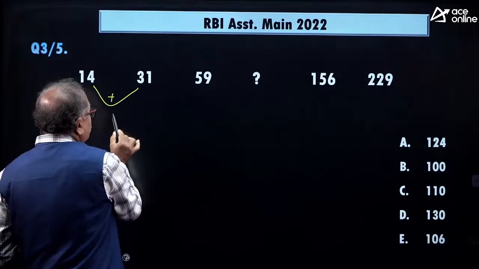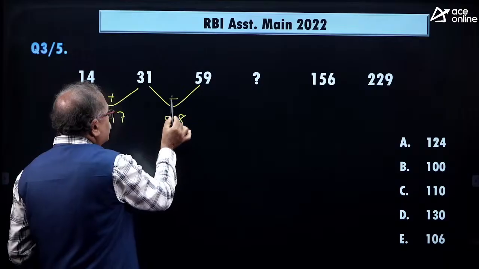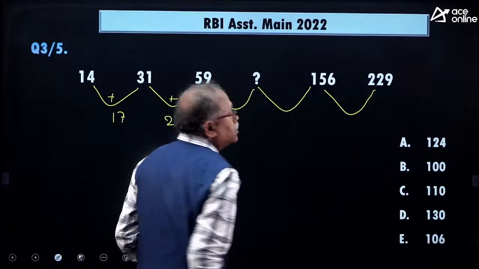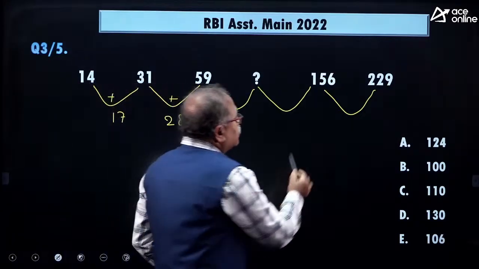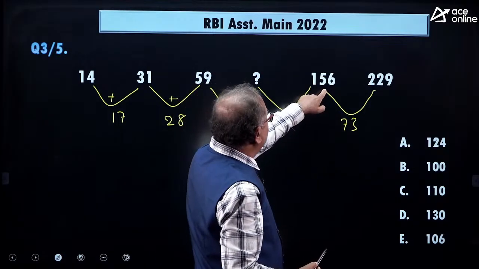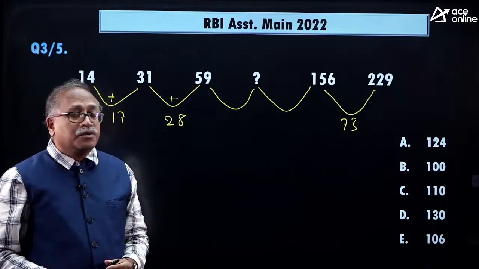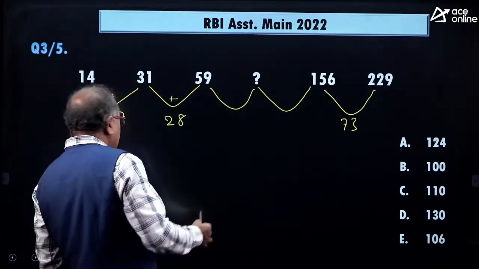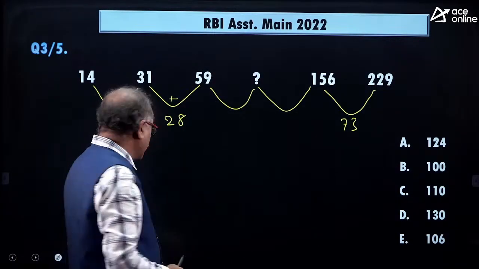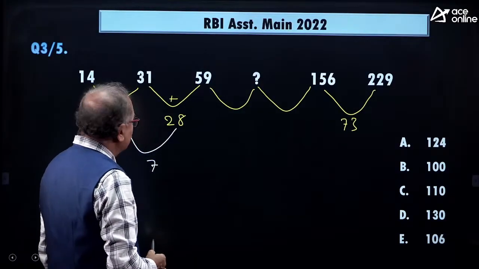I can see that this is plus 17 over here, and from here to here this is 8 and 2, that is 28, and from here to here not known, the difference will be 3 here, 7 here, 73. Am I right here? That's 3 and 7, 73 here. How am I reaching 73? Because the gap is in such a way that I am not able to connect this part. Okay. So I will try to go with this difference from here to here. This difference is 11.